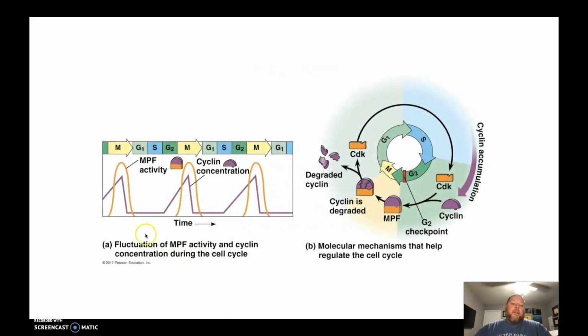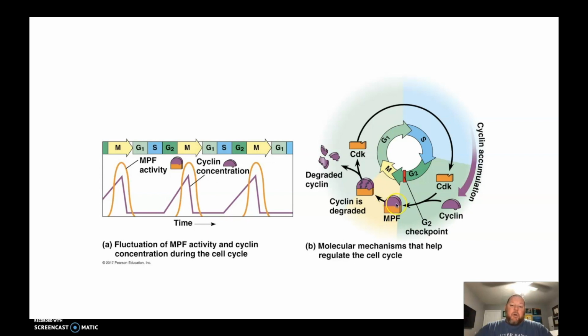All right, so again, we have our graph here. The MPF activity is going to be increasing as we move through mitosis, and then as we near the end of mitosis, it's going to sharply drop, and that's because we are going to have a drop in the cyclin concentration. So over here we can see that the CDK is going to be constant all the way throughout, and it's the accumulation of cyclin as we move from G1, S, and G2 that will increase the concentration of MPF.